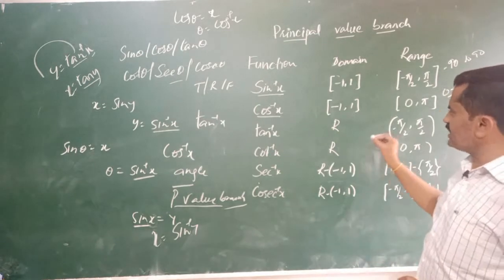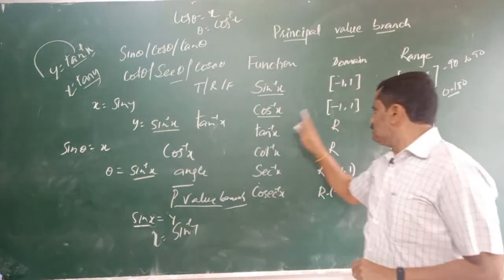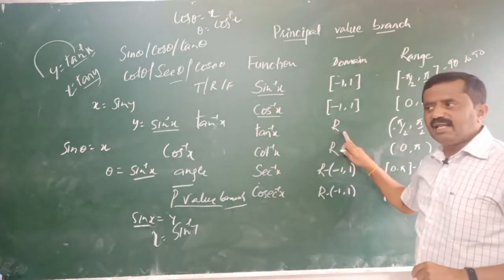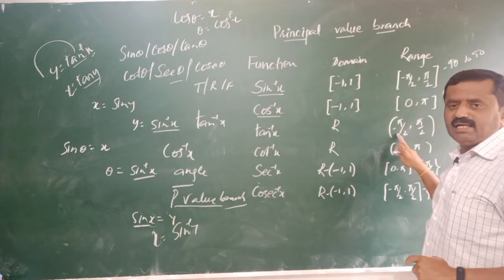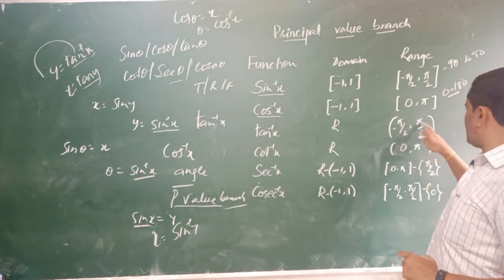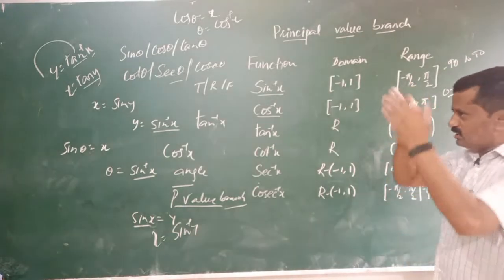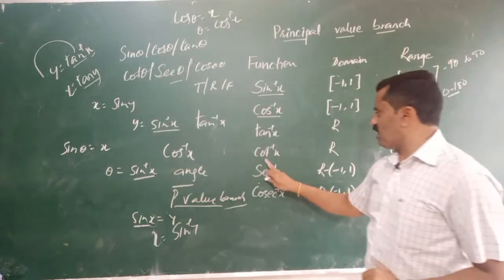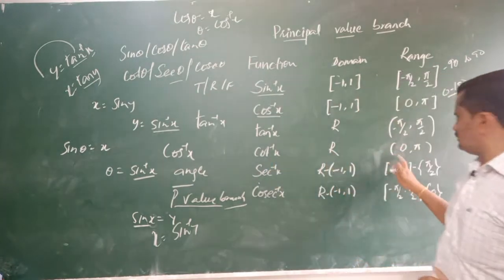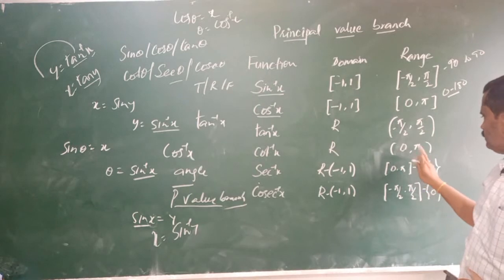Okay. Next, we have tan inverse of x. The domain is R, that is real numbers. The range is minus pi by 2 to pi by 2. So there is a difference between this and this. This one is a closed interval and this is an open interval. Next, we have cot inverse of x, domain R. Then the range is 0 to pi.